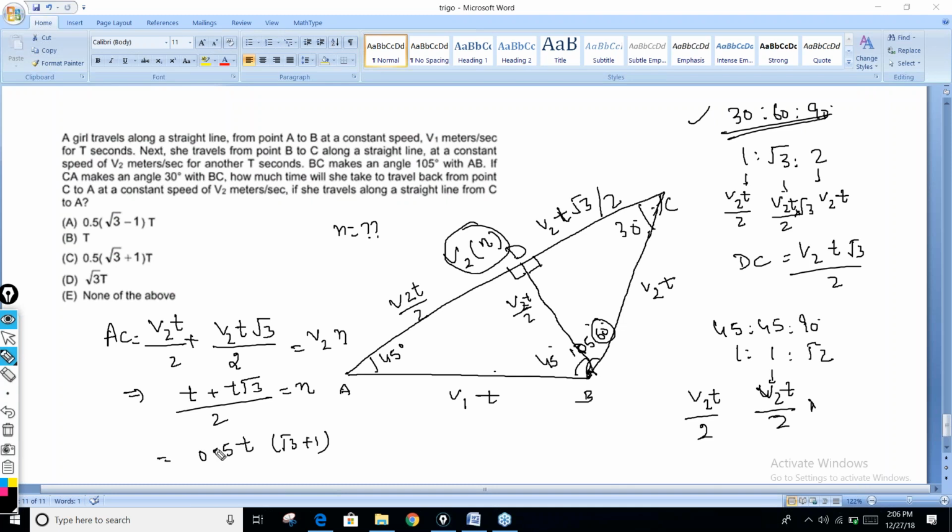One by 2 is 0.5, t is common, and that is root 3 plus 1. That is the side AC. We need to find out time, so we equate side AC with v2n. n comes out to be 0.5 t into root 3 plus 1.